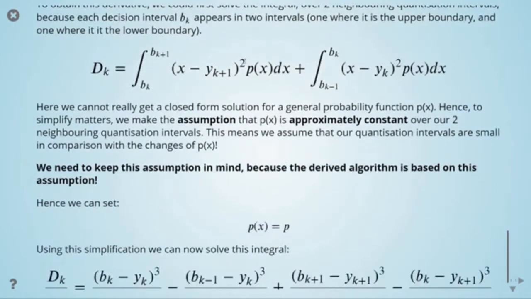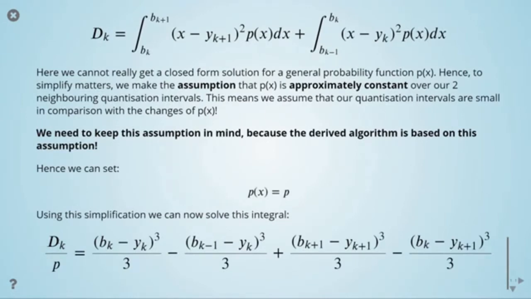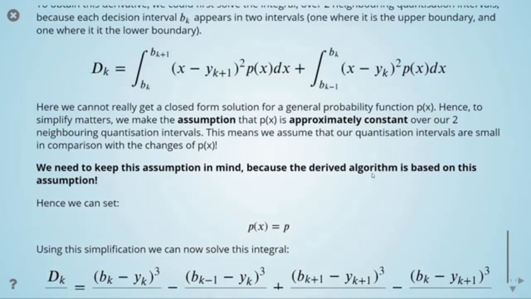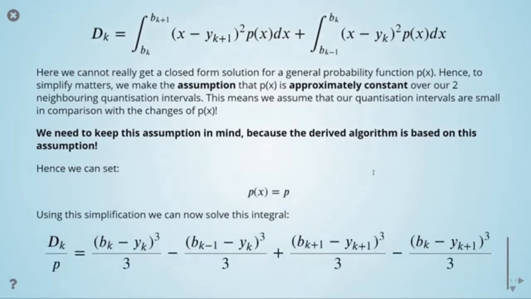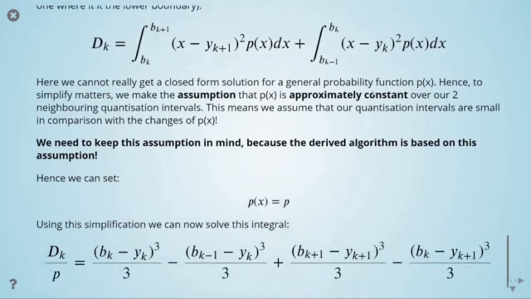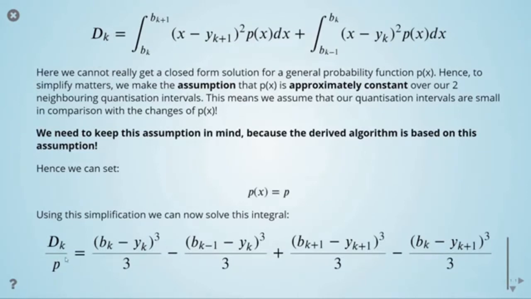So then we can set p of x to just a value p, and when we solve this equation here, we end up with this. We use this simplification, and we can solve this, and we have d of k divided by p equal to this equation here.